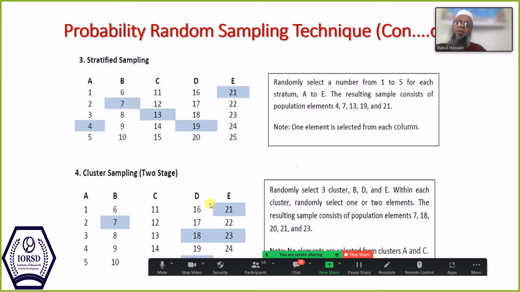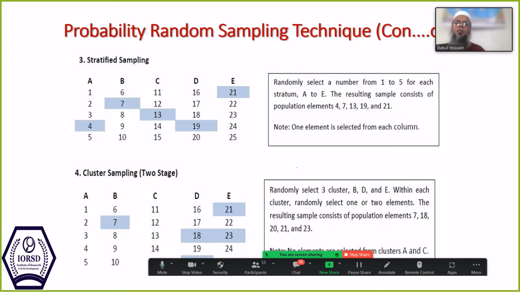But in stratified sampling and cluster sampling, you are taking all together at a time. Suppose from 25 companies, you write the 25 companies, keep them in a box, and take them all together in a cluster. Then in stratified sampling, you are using a random number and calculate from there.